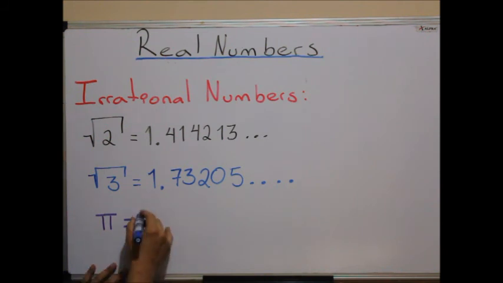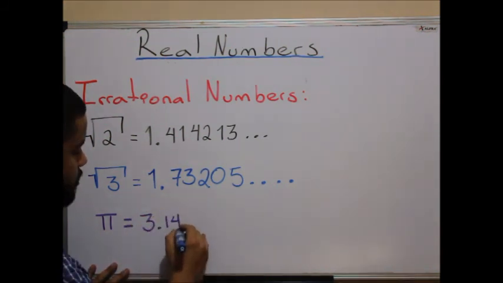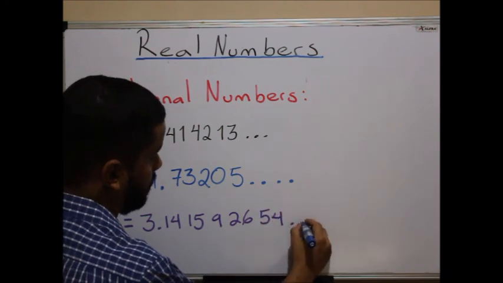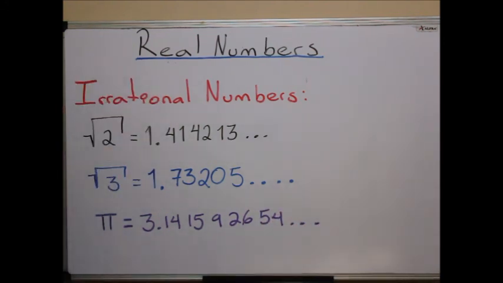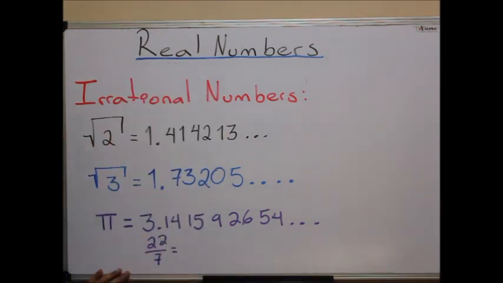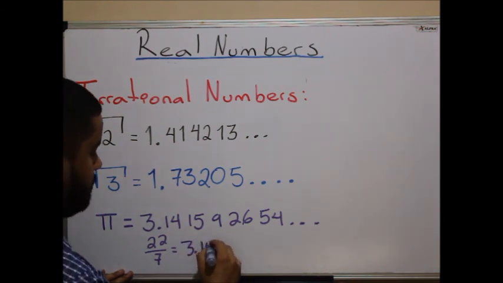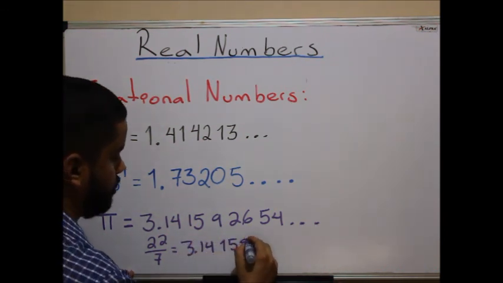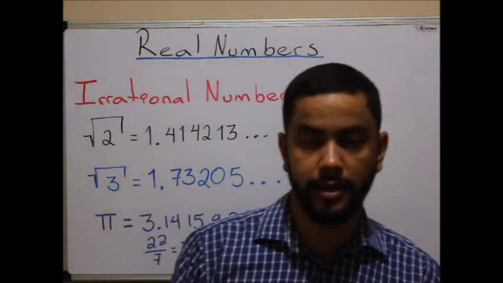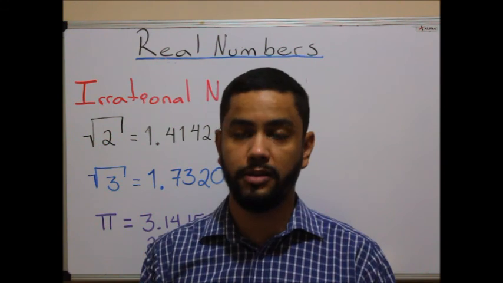Writing pi as a decimal will be 3.14 15, 26, 54, and we can continue writing numbers. If we write pi in its fraction way, that division will give us the same distribution of numbers. So pi is also an irrational number.